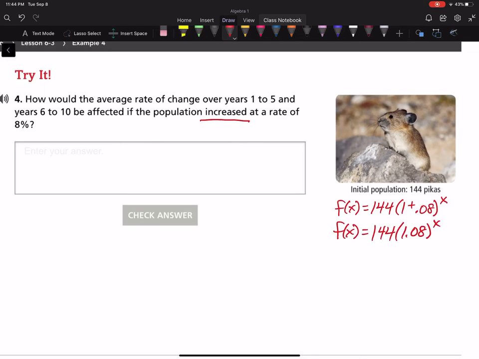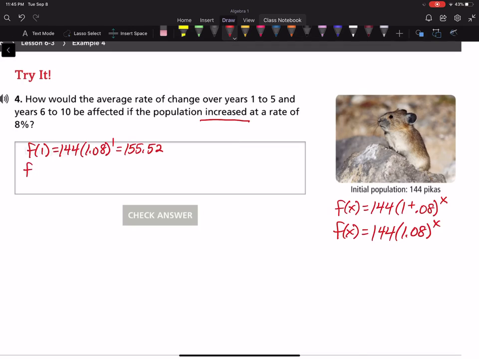And let's see here. So we start all this again. So f of 1 would be 144 times 1.08 to the 1 power. If you put that in your calculator, you will see, 144 times 1.08, that is 155.52.